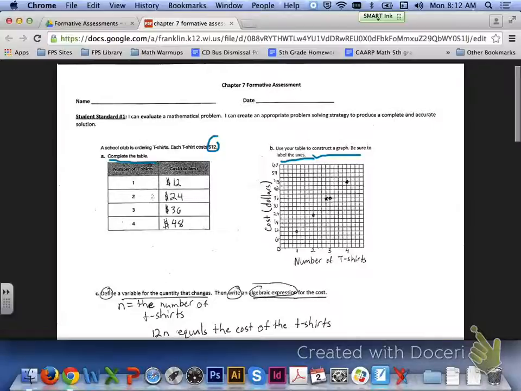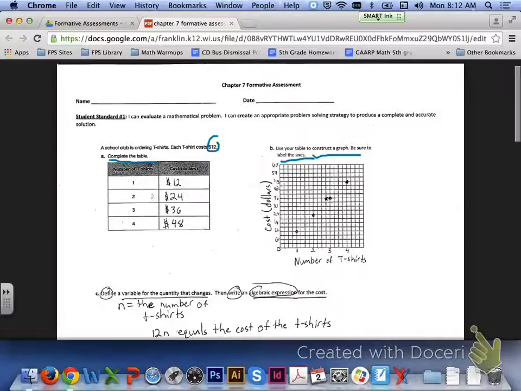The y-axis, or the dependent variable, I put the cost in dollars because that depends on the number of t-shirts. For example, if there's 1 t-shirt, it costs $12. 3 t-shirts would be $36. Okay, and I made a decision to space out my dollars on the y-axis by going up by 3s each time.